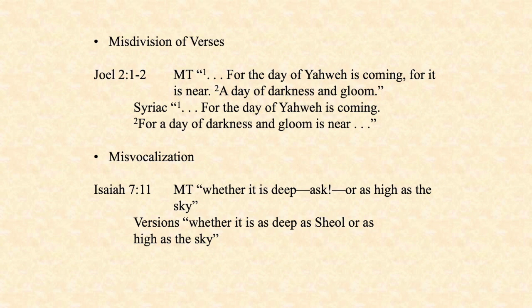"For the day of Yahweh is coming, for a day of darkness and gloom is near." And the Masoretic seems to be reflecting a parallelism between coming and is near, referring to the day of Yahweh, whereas the Syriac uses the near to express the sense of darkness and gloom.